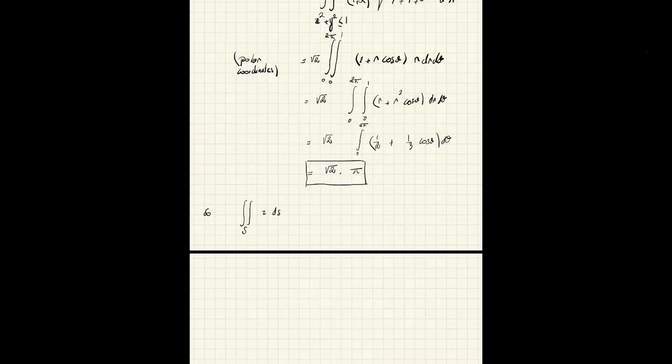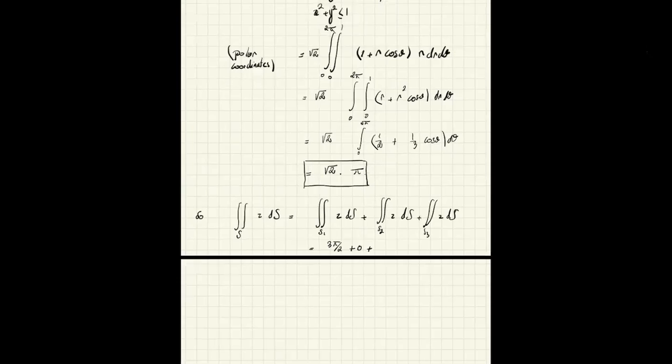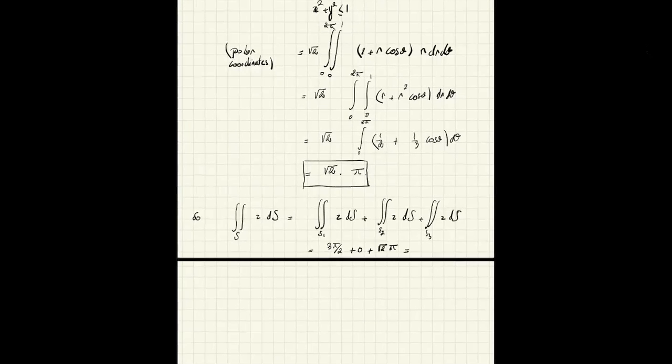The integral of z ds is the integral over S1 of z ds, plus the integral over S2 of z ds, plus the integral over S3 of z ds, which is 3 pi over 2 plus 0 plus square root of 2 pi.